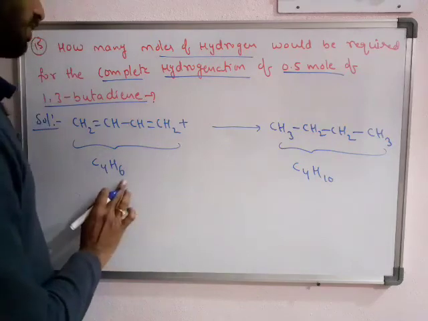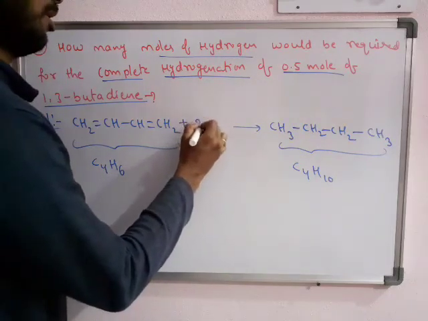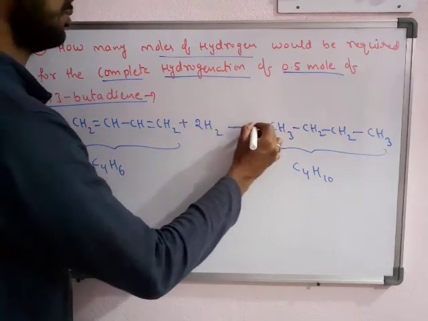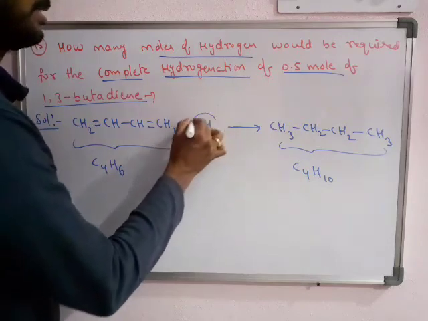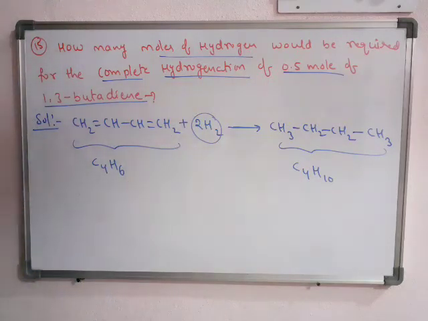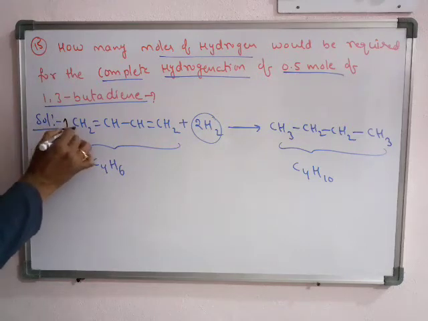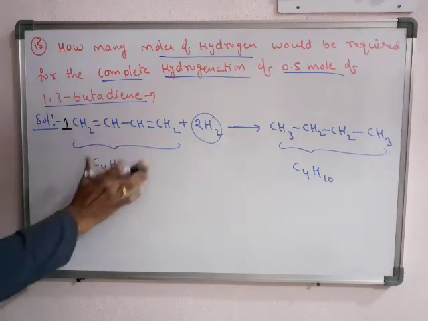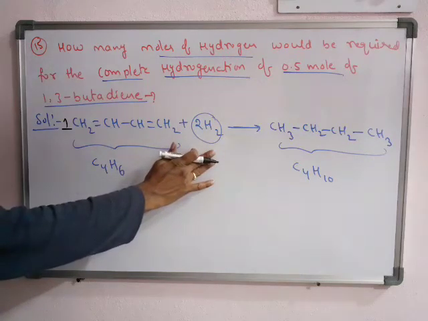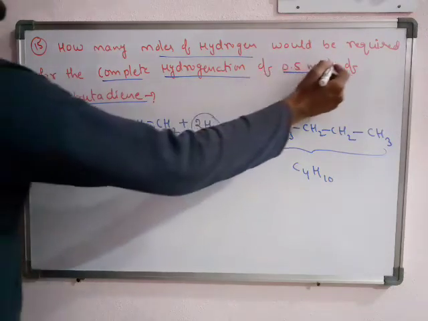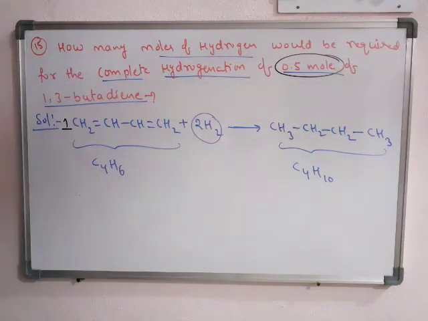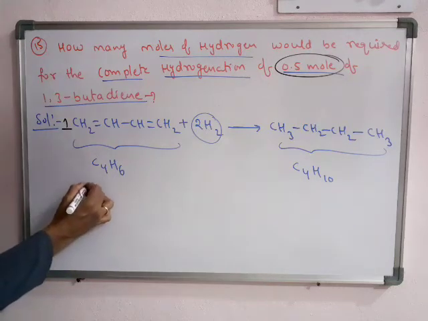How many hydrogens are extra? 4, which is 2 H2, meaning 2 moles of hydrogen. So 1 mole of 1,3 butadiene requires 2 moles of hydrogen for complete hydrogenation. But the question is just for 0.5 mole.